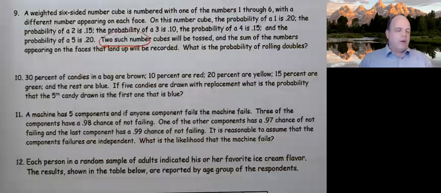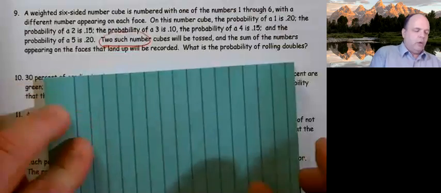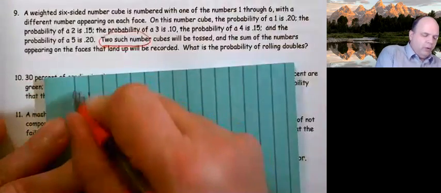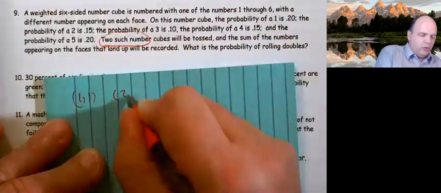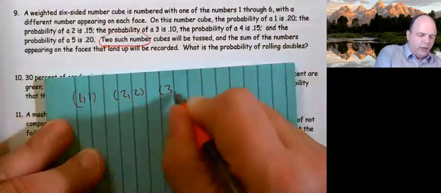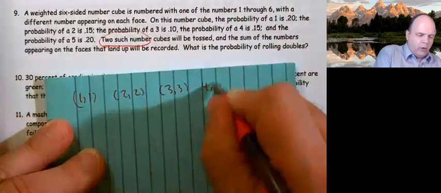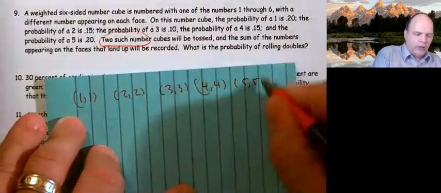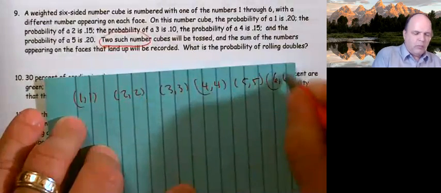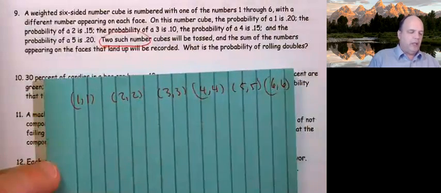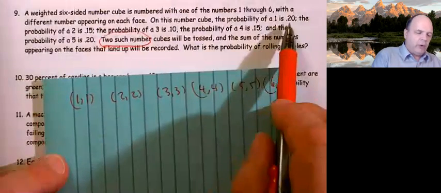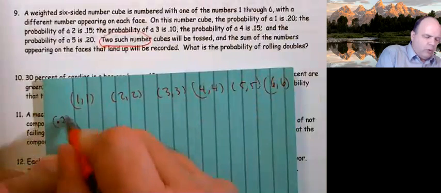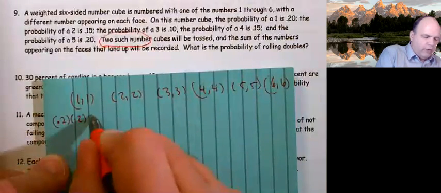Well, first off, what is rolling doubles? Rolling doubles is rolling a 1-1, a 2-2, a 3-3, a 4-4, a 5-5, or a 6-6. So what's the probability of rolling a 1 and a 1? Well, that's 0.2, but I have to do it twice.